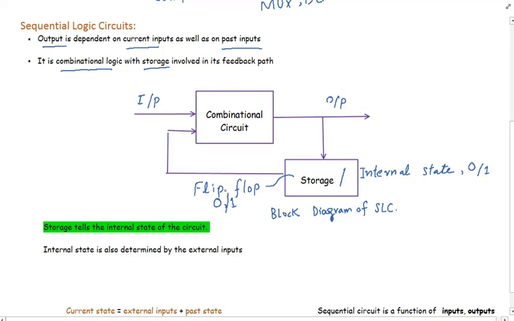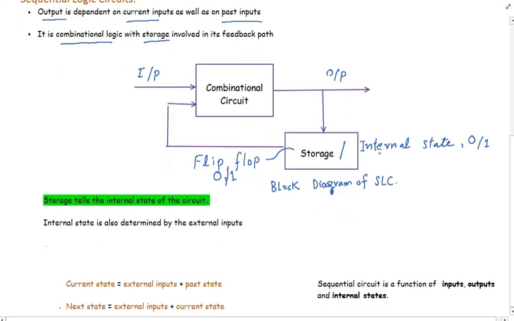Now the question arises: how is this internal state defined? Keep in mind that the internal state is a function of what sort of inputs are applied and what its previous state was. Fundamentally, the current state of the circuit is defined by the inputs we have applied and its past state.